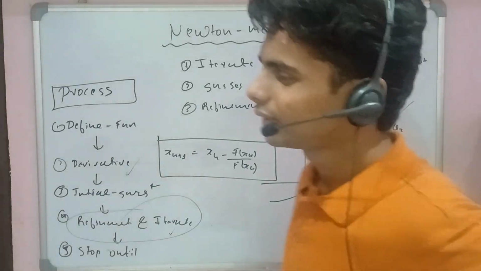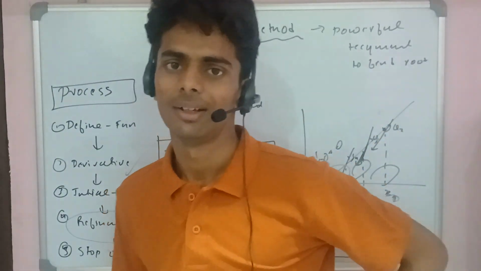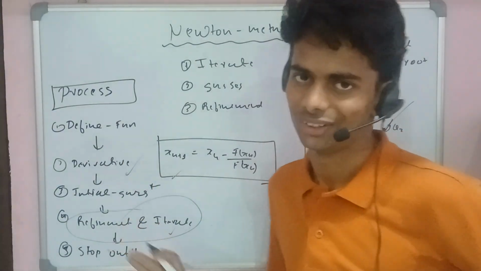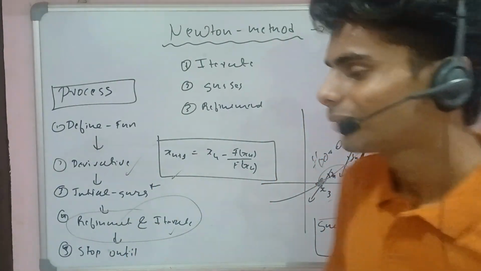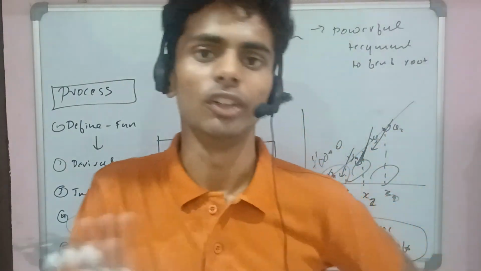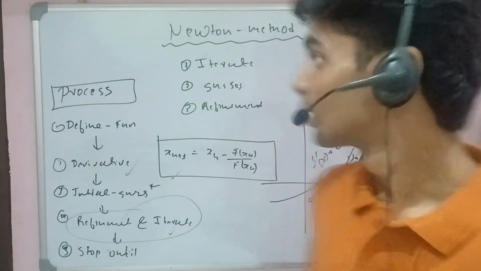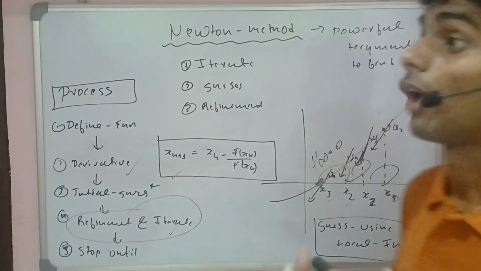So that's why I think it's computationally happy. And this is the mathematical formula if you're interested in it, but I'm not that interested in it. Because Newton's method is not limited to optimization. It is a powerful technique to find a root.